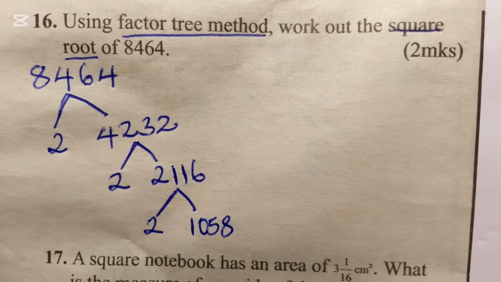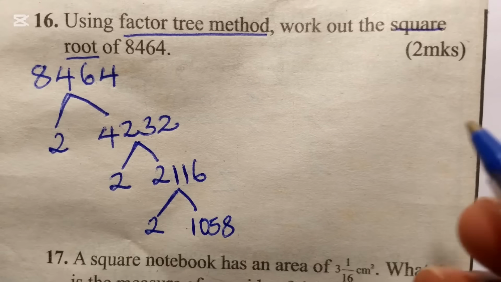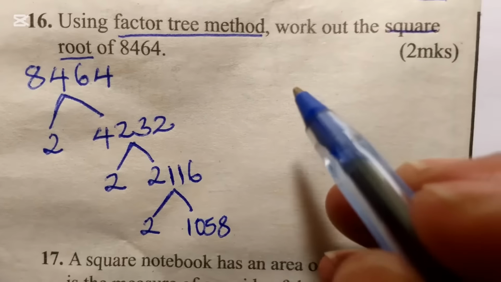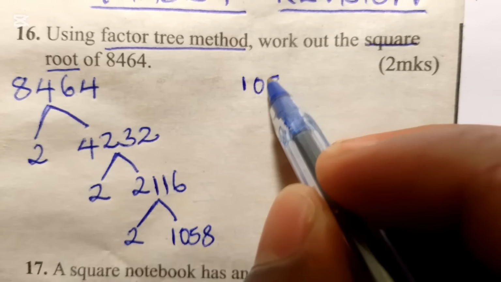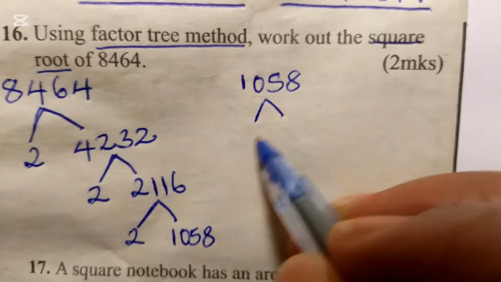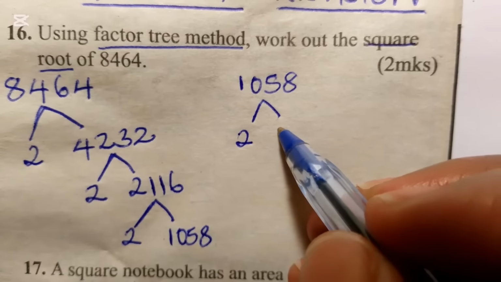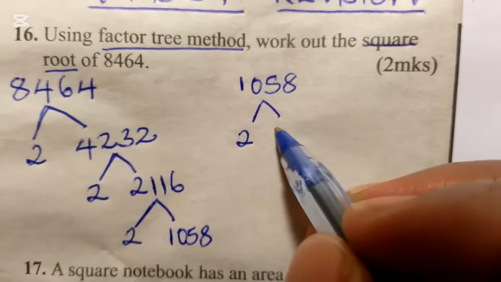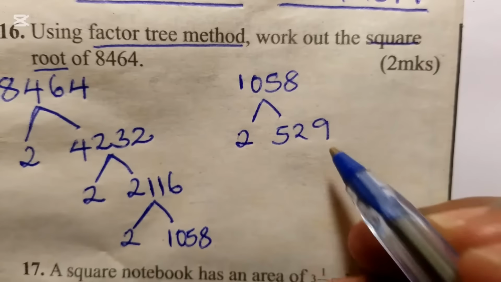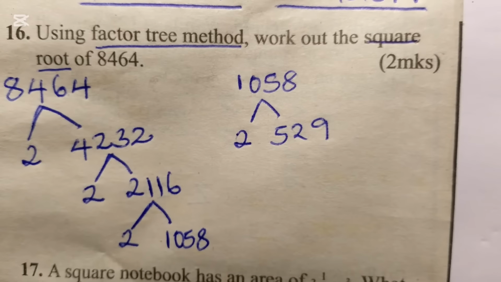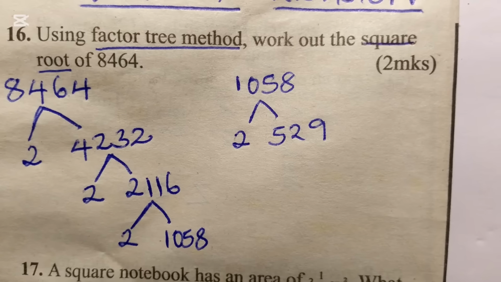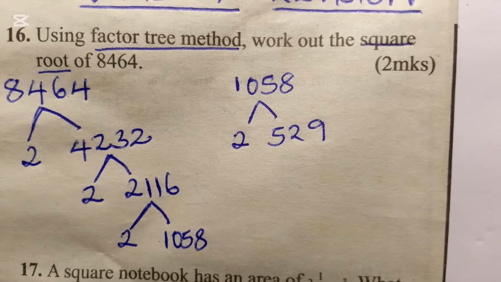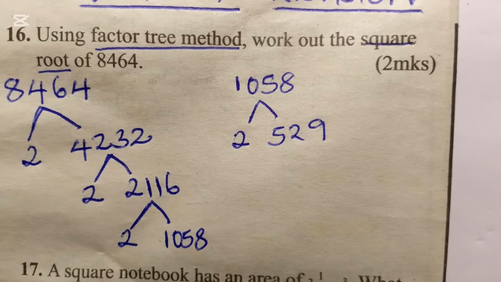We proceed and check again: 1,058 by 2 will have 529. Check whether 529 is divisible by 2, and as you can see, the last digit is an odd number, 9, so it's not divisible by 2.